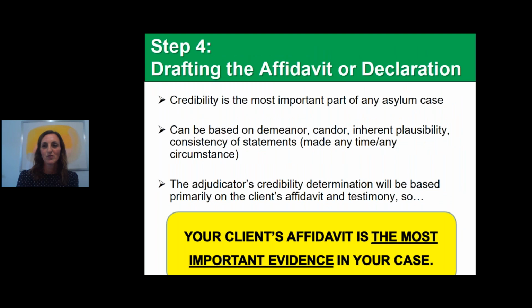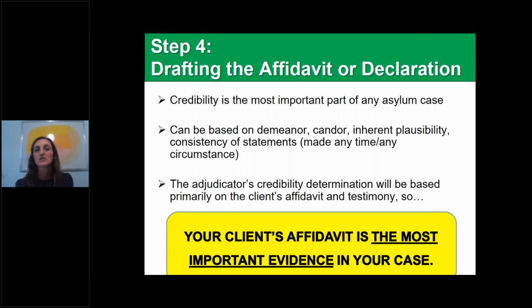Now we'll move on and start talking a little bit about the affidavit. When you're presenting these asylum cases, the most important thing you are going to do with your client is work on their affidavit, drafting a complete, comprehensive affidavit that really encompasses their story.